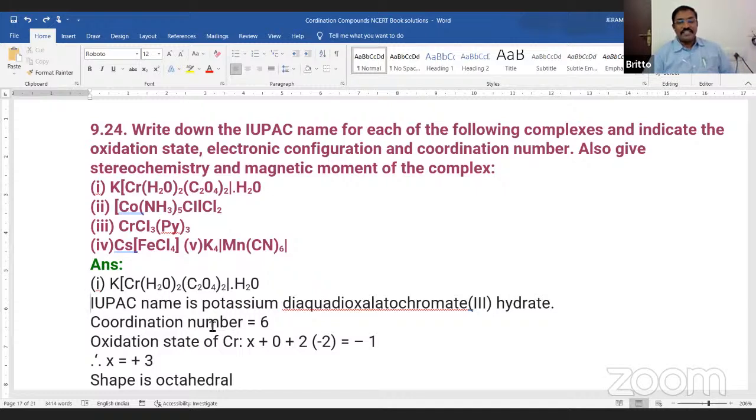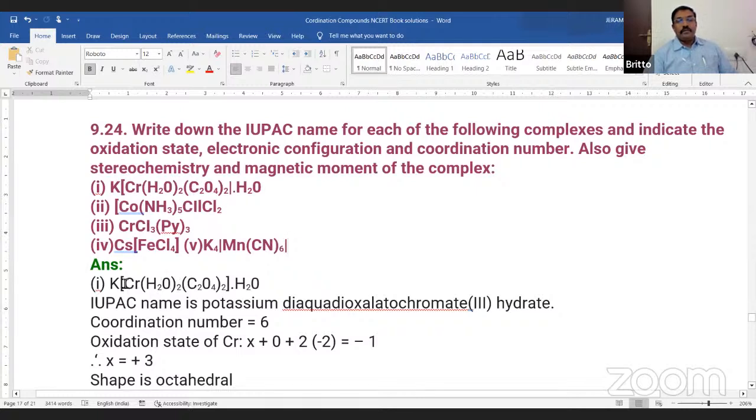The oxidation state is 3. We just calculated it above. How, sir? Here you see chromium H2O is a neutral ligand, so 0 charge. And there are 2 C2O4, each C2O4 carries 2 minus, so 4 minus there.